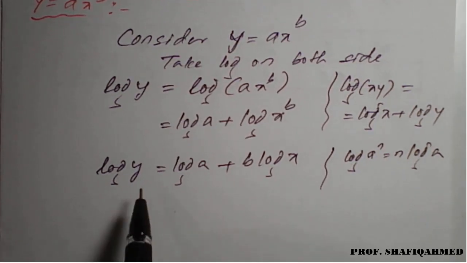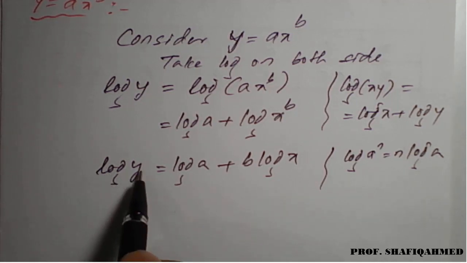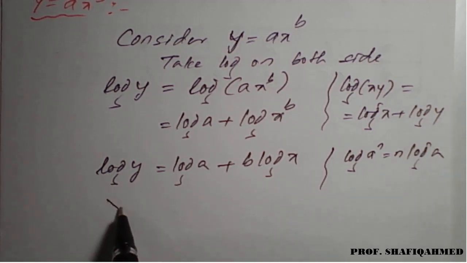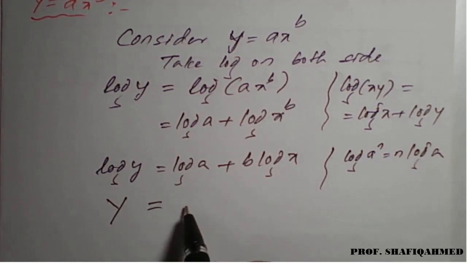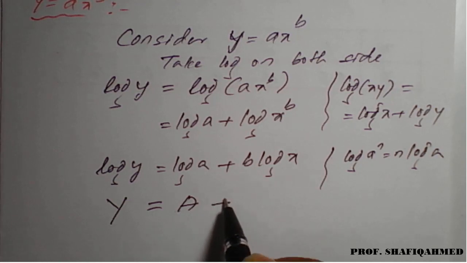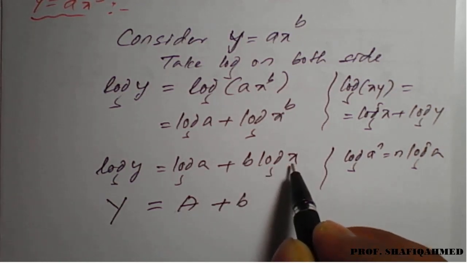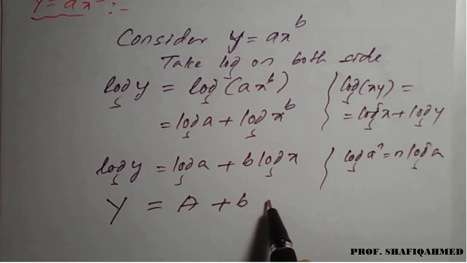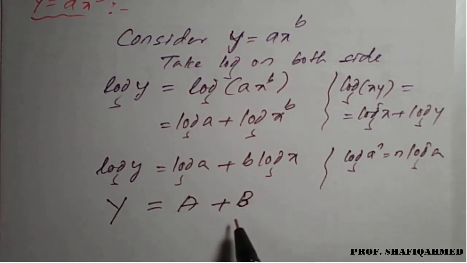So here we need to fix standard forms. So log of small y I will consider as capital Y, log of a I will consider as capital A, plus small b as it is, log of small x I will consider as capital X. Or log of b I will consider as capital B, or else you can keep small b also.